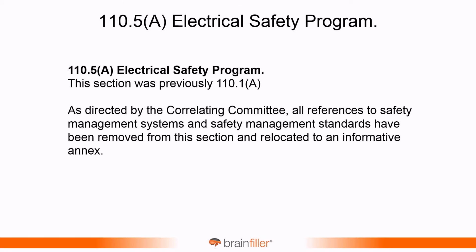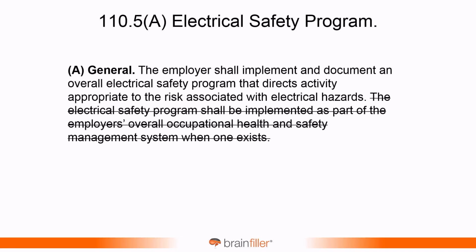The Electrical Safety Program. The correlating committee required that references to safety management systems and safety management standards be removed, and they're relocated to an annex. And so 110.5A, this text was struck out because it's referencing the Occupational Health and Safety Management System.